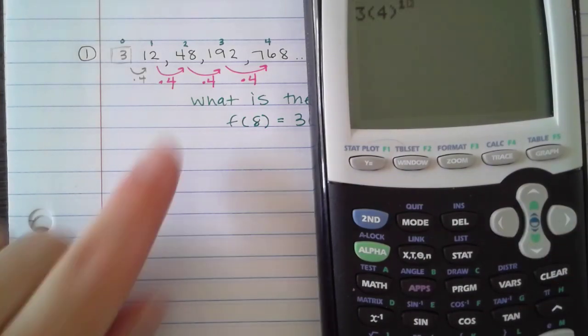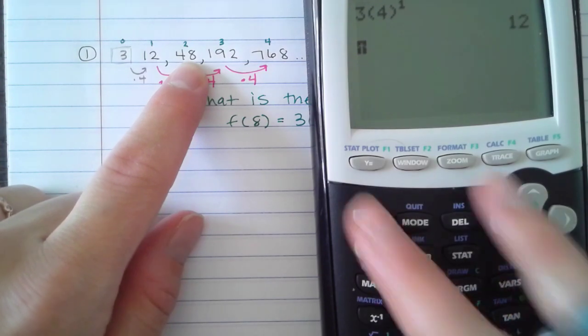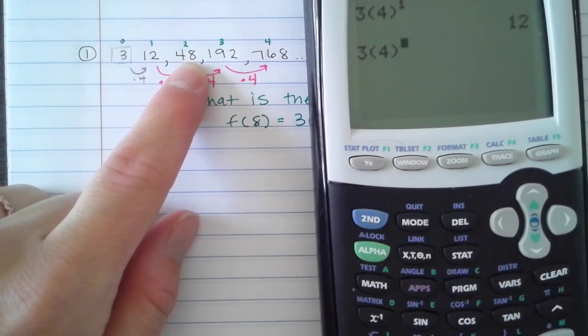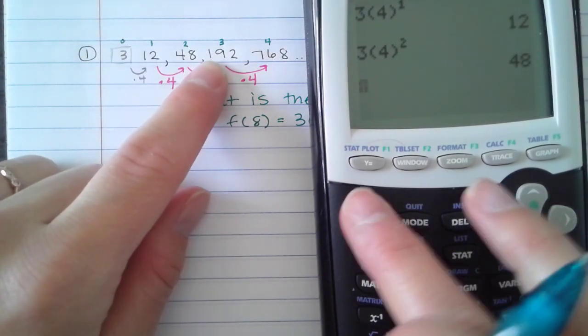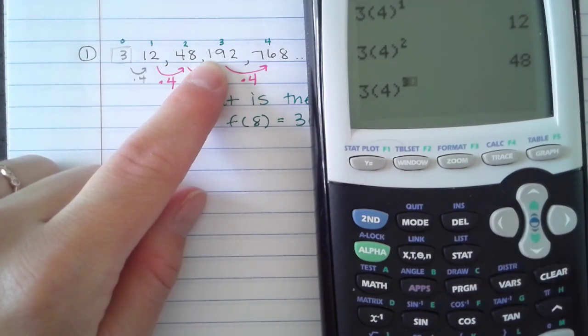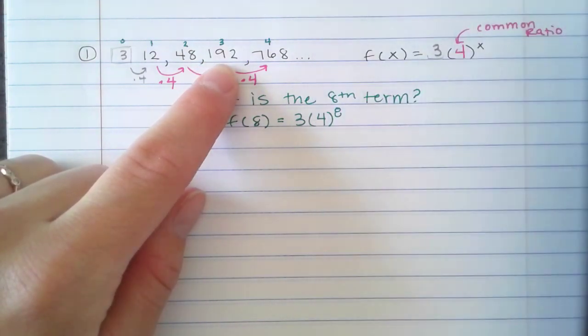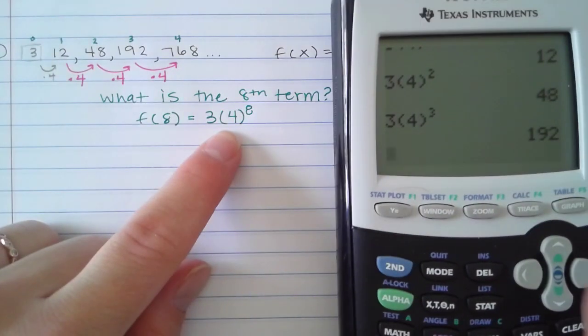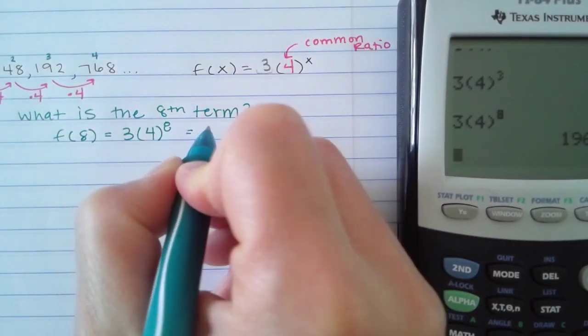I'm going to get 12. If I plug in a 2, I better get my second term. If I plug in a 3, I better get my third term. So if I want my 8th term, I'm just going to plug in an 8. And it's, whoa, that's a big number. Not as big as they can go.